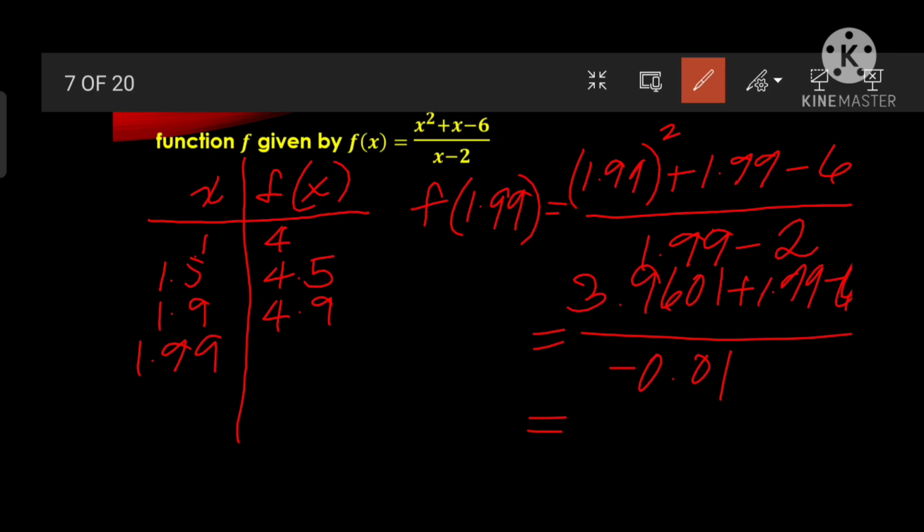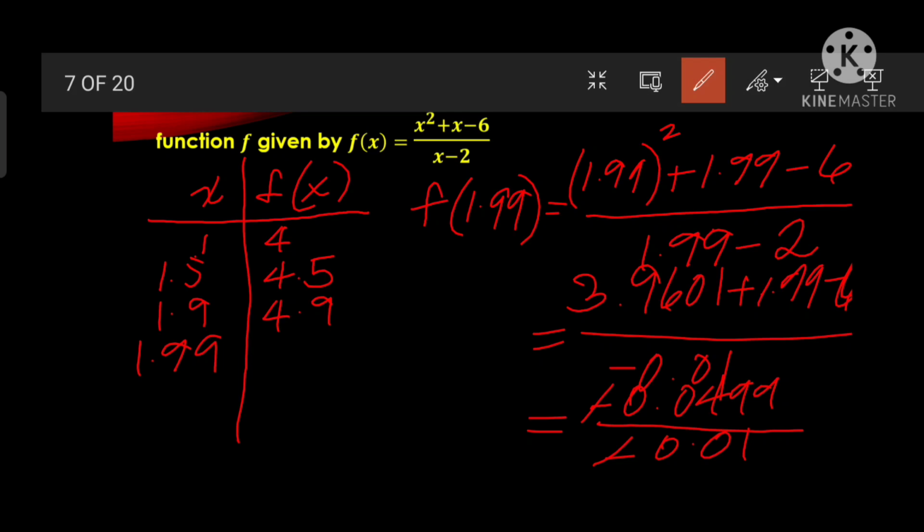Simplifying the numerator, we have 3.9601 plus 1.99 minus 6. We have negative 0.0499 over negative 0.01. Again, since both the numerator and denominator are negative, we can simply cancel this out.